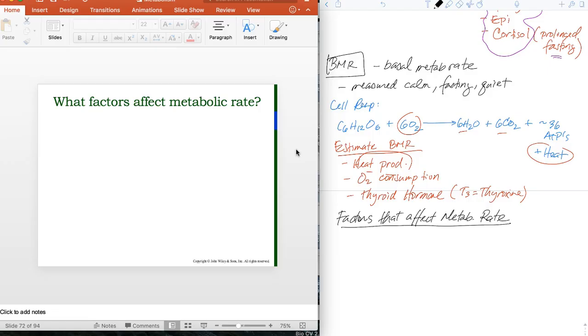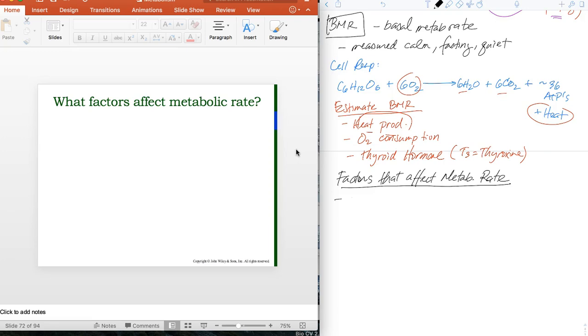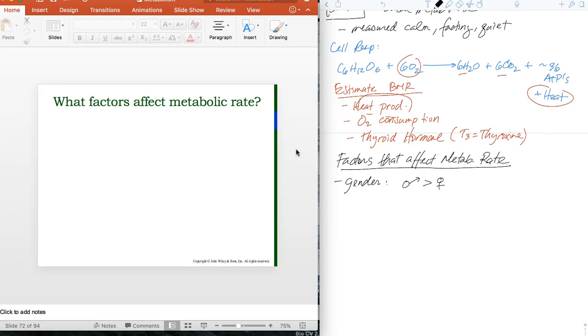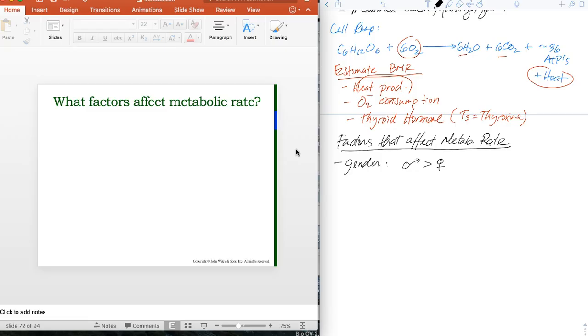That would include things like gender. Males tend to have a higher metabolism than females because of muscle mass. Again, not all males have a higher muscle mass than all females, but overall. It's the guys that, when you are on a date, you say, "Oh, you're gonna eat that?